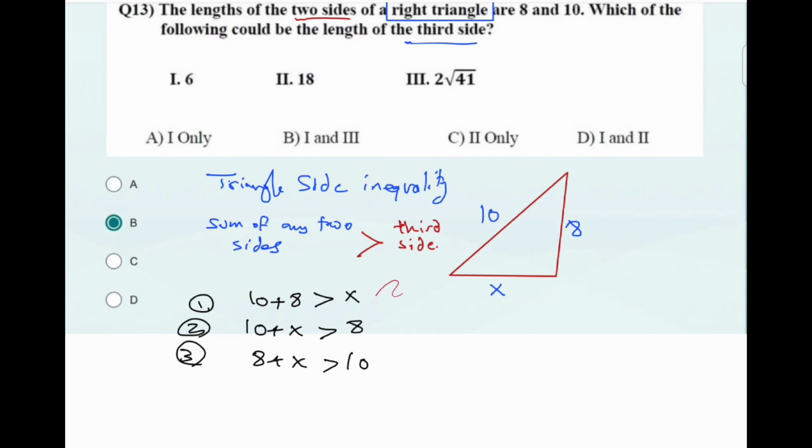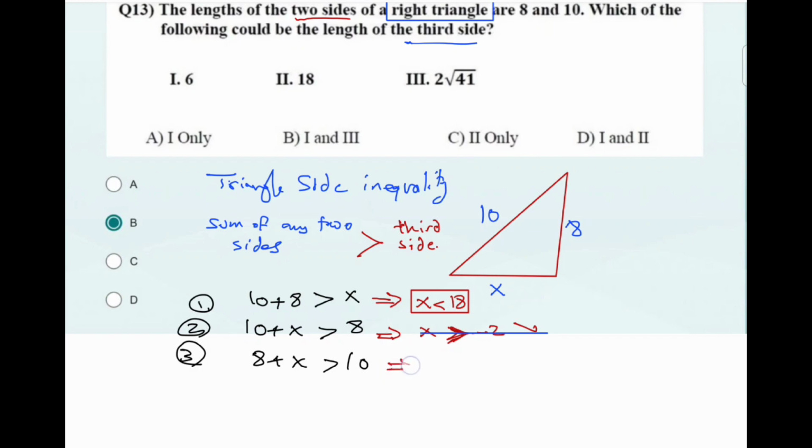So from this one, we know that x is less than 18. That's one condition. From this one, it says that x must be greater than minus 2, which is true. So it adds no value because x is positive, so it's always greater than minus 2.